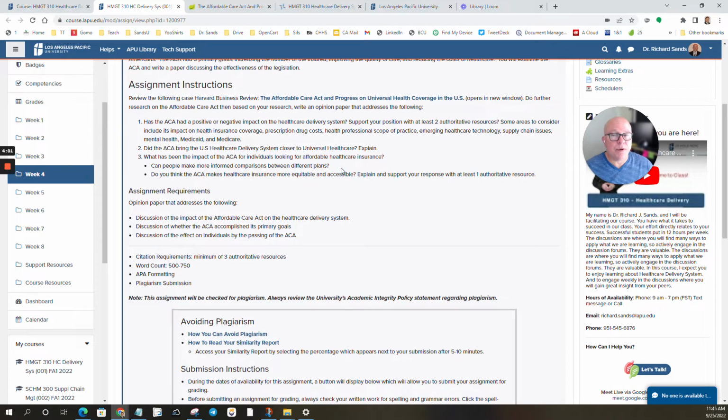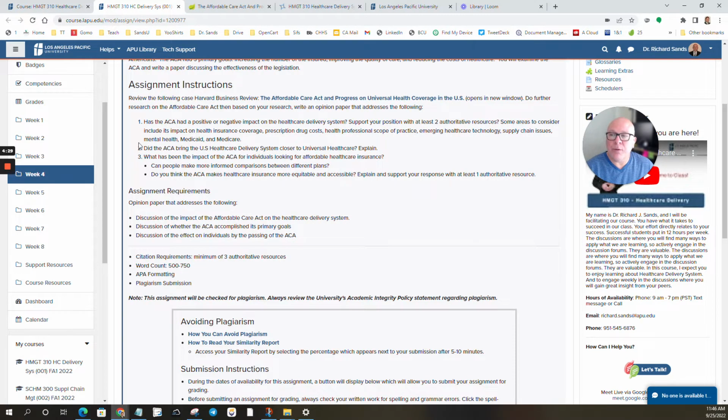And then assignment requirement, opinion paper that addresses the following. Now, these three bullets here align with 1, 2, and 3 here. So discuss the impact of the Affordable Care Act on the healthcare delivery system. Aligns with number 1. Discuss whether the ACA accomplished its primary goal. That's number 2 here. And then 3, in the last bullet, discuss the effect on individuals bypassing the ACA.